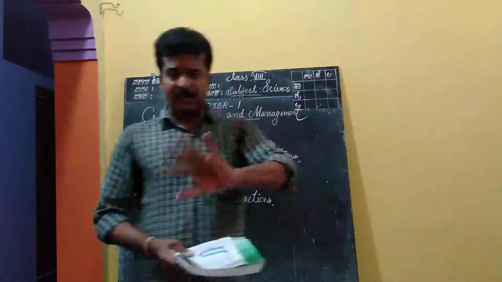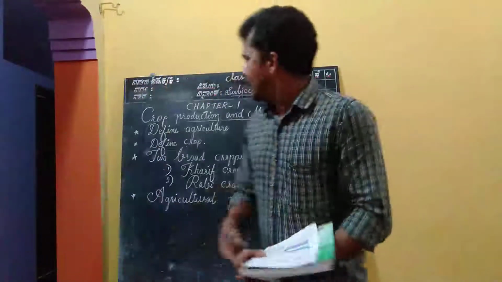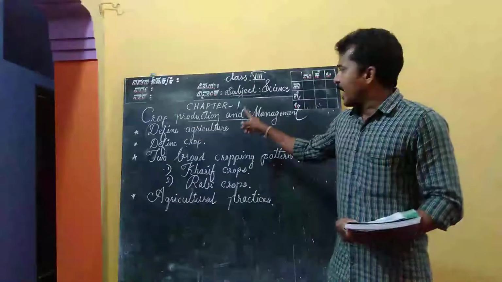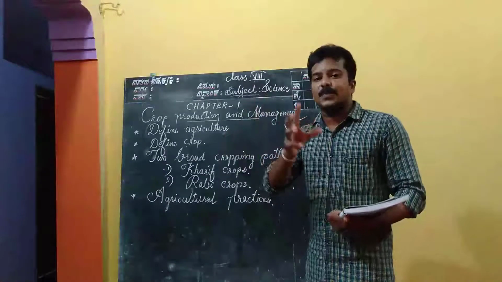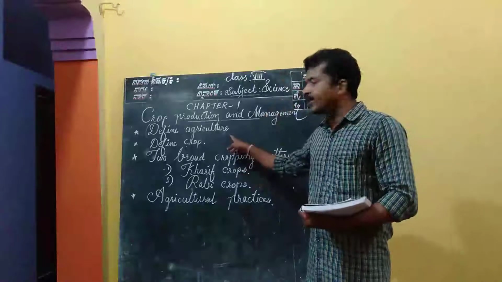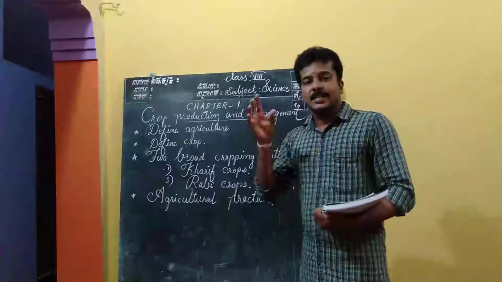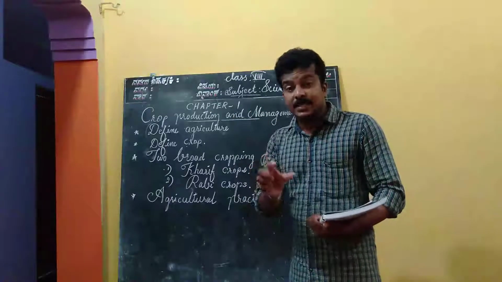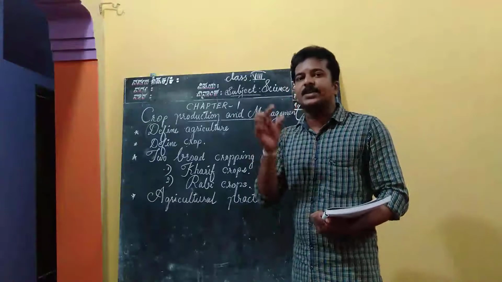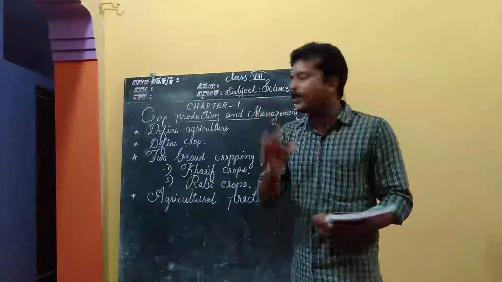Whatever I explained today, I will rewind once again. First I gave the proper definition, the most suitable definition of agriculture. We may define agriculture as an art, science and business of production, marketing and distribution of crops and livestock for the benefit of human beings.